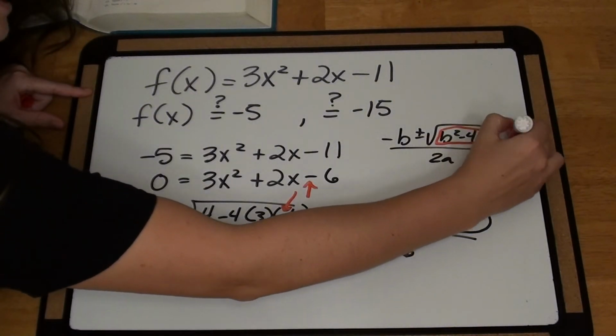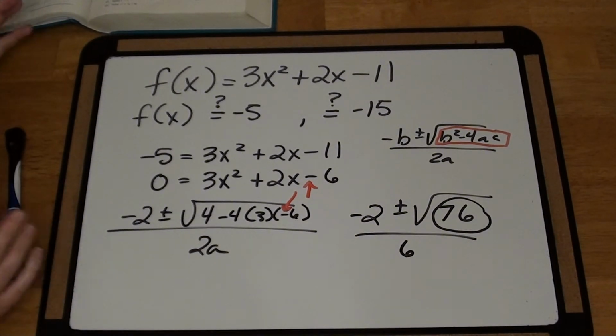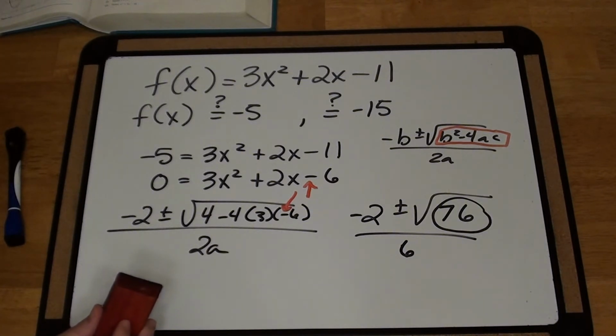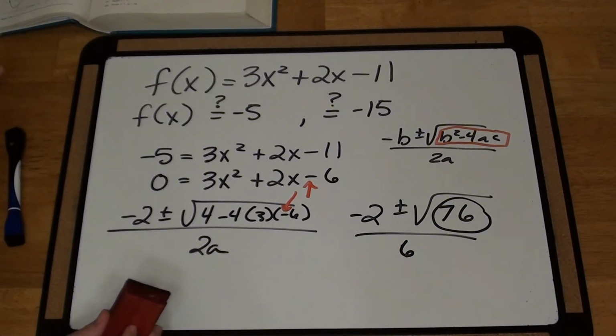I don't have to do anything else. If I just do b squared minus 4ac and it turns out to be a positive number, then I'm golden. It's true. It really does happen. That's really an answer. So if we get a 0 or a positive number, then that can exist. If we get a negative number, it can't exist.